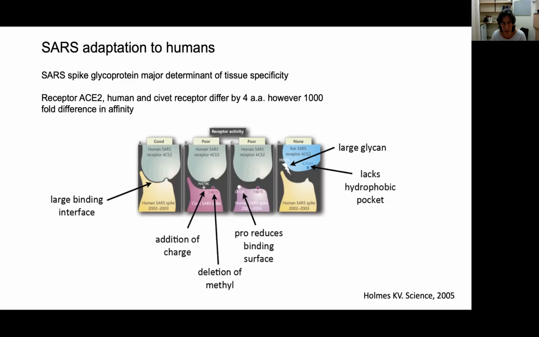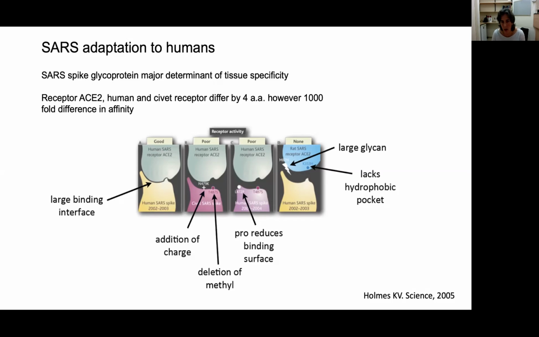So they found that this 4 amino acid difference causes a 1,000-fold difference in the affinity. So the civet spike protein has a much lower affinity to the human receptor, which then changed a little bit once it moved to humans to create this much better fit that you can see on the left side.